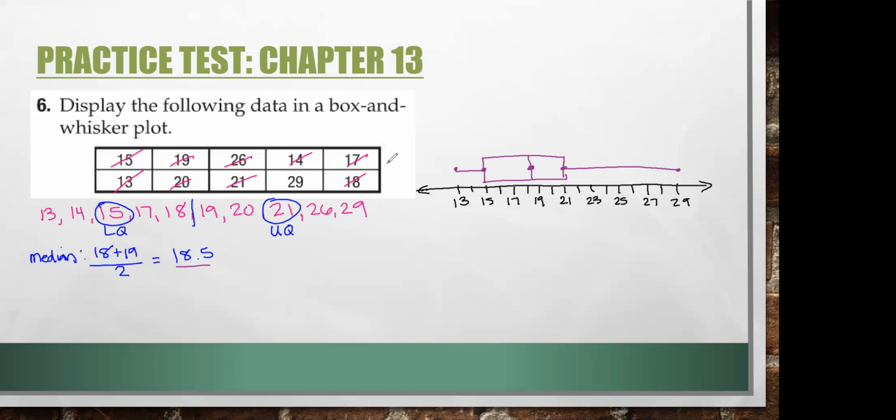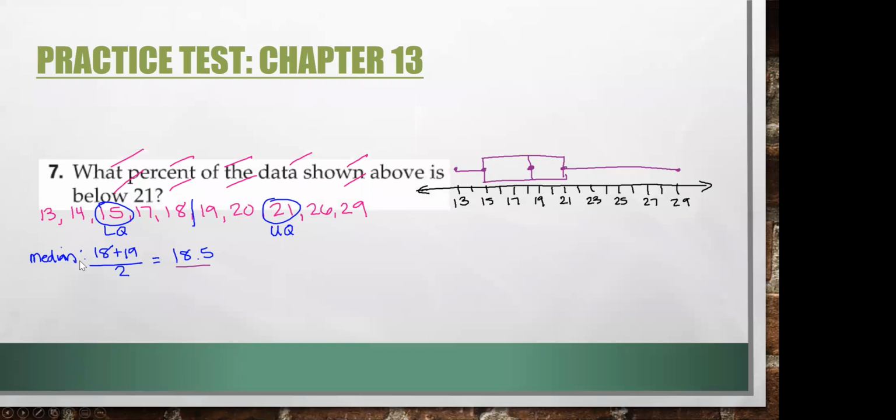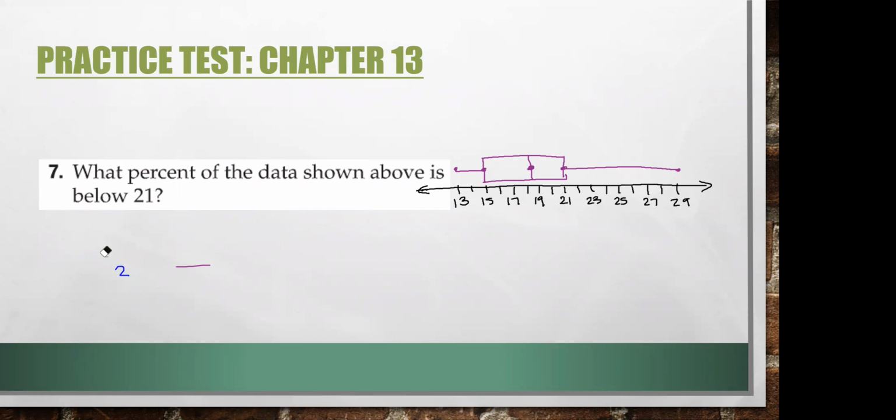Okay, all right, and then this question, question 7 says, what percent of the data shown above, or in this case to the right, is below 21, okay? Below 21.